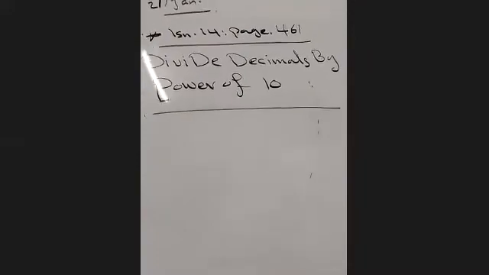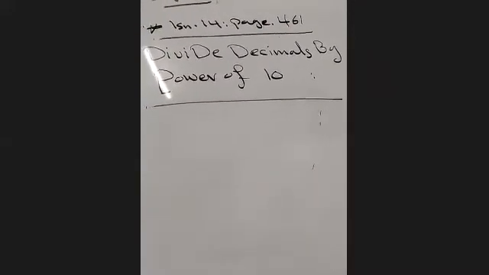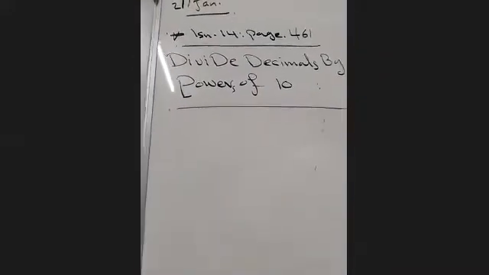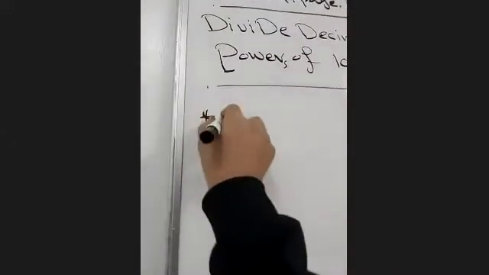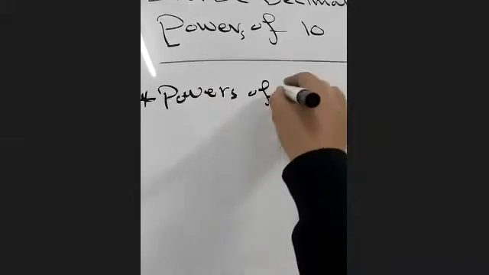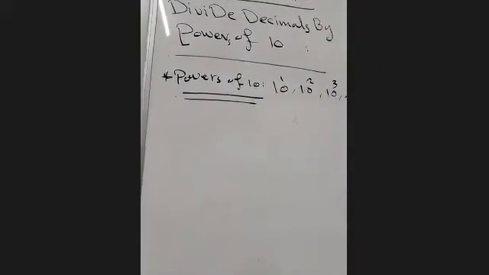Today we will take lesson 14, page 461, divide decimals by powers of 10. Now, before we start, what are the powers of 10, guys? Powers of 10 means 10 with an exponent, like 10 to the power 1, 10 to the power 2, 10 to the power 3, and so on. We took that before.